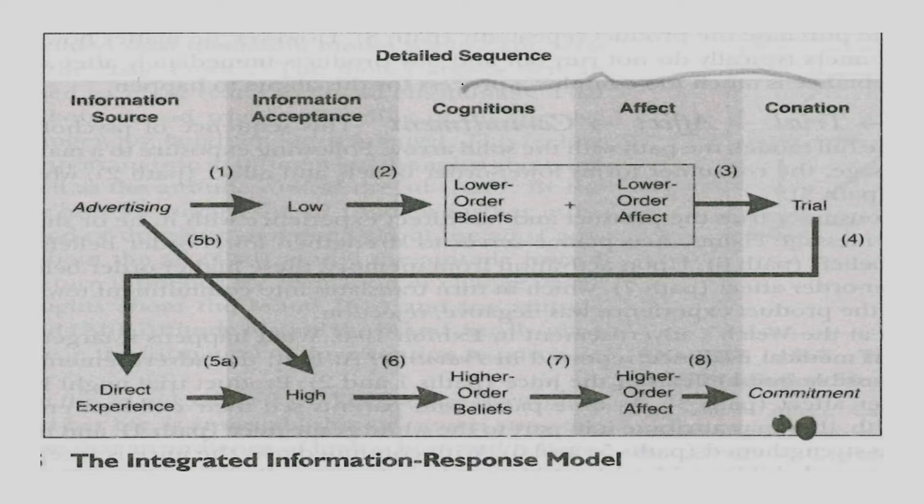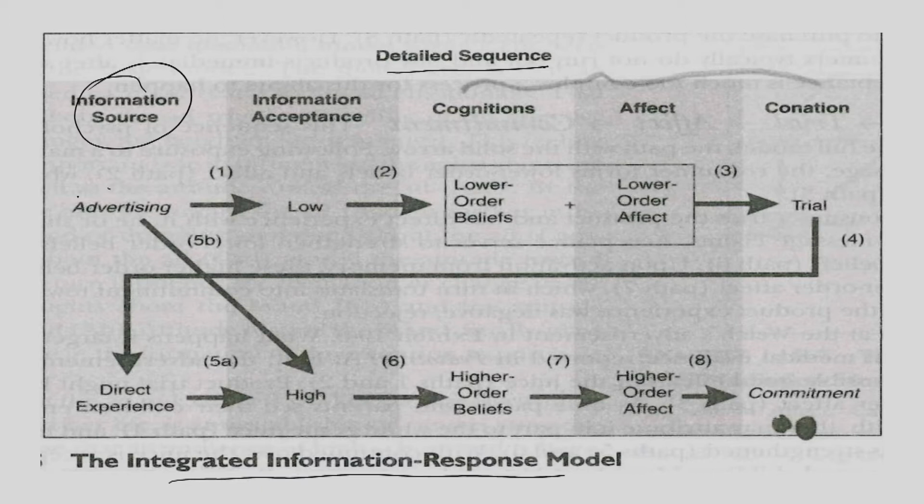Now, this is the detailed structure of the integrated information response model. Information from the source comes in terms of advertising and it passes through two steps. There are two responses that can happen.